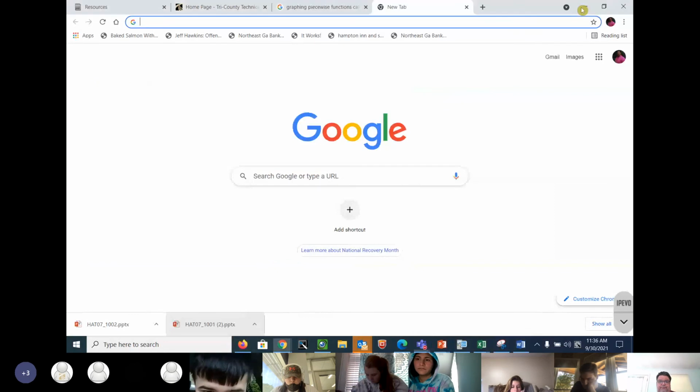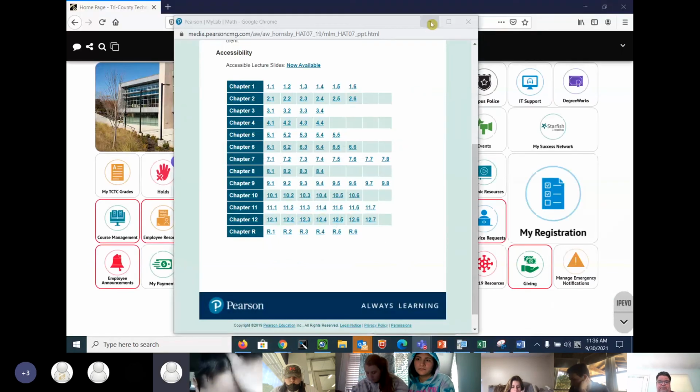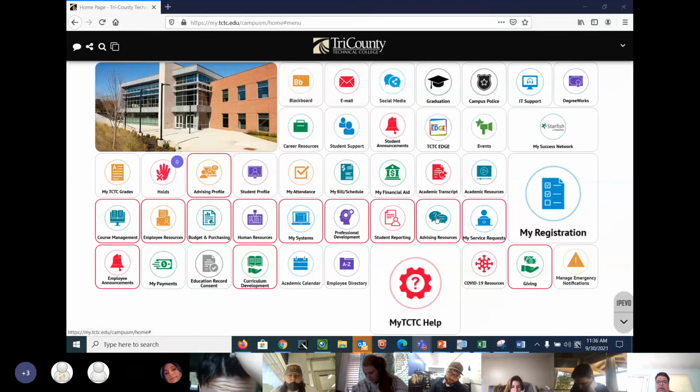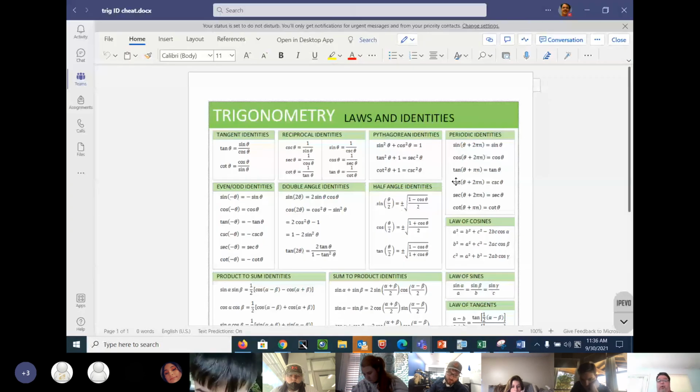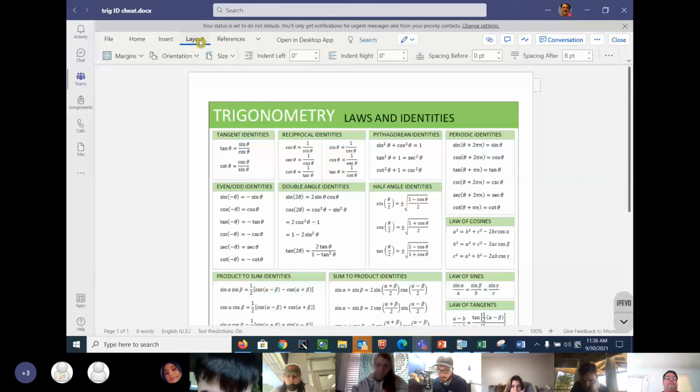Check under your teams tab. There it is. Thank you. Couldn't remember where I pulled it up. And can I blow this up any for y'all? I don't think I can blow it up any. I think that's it.